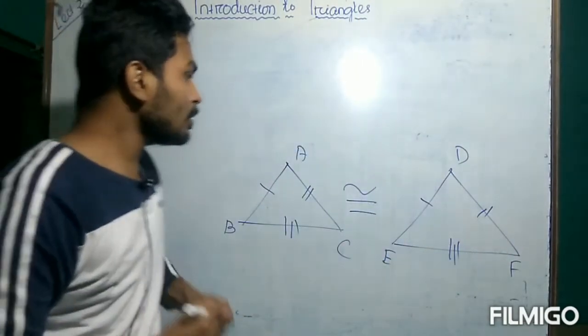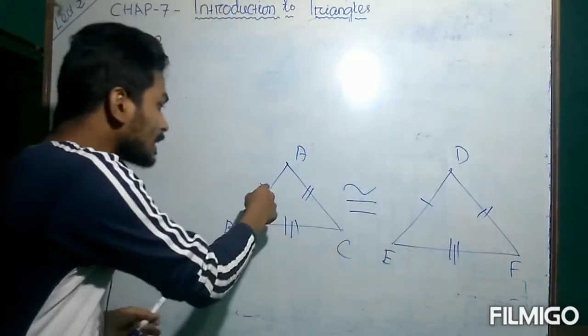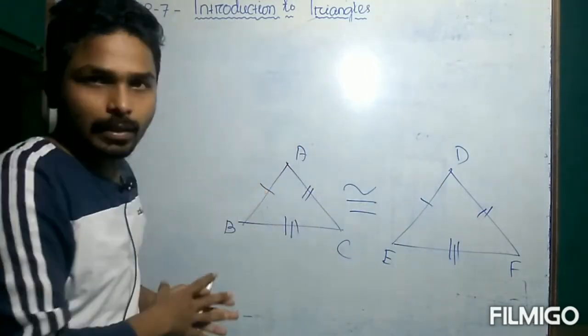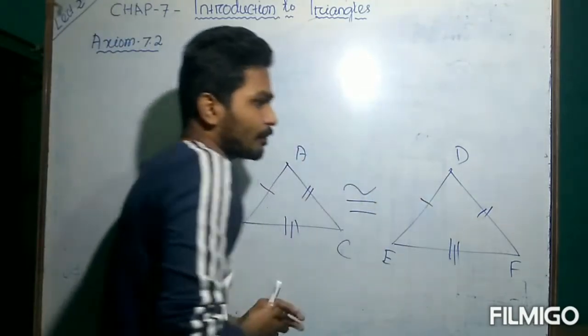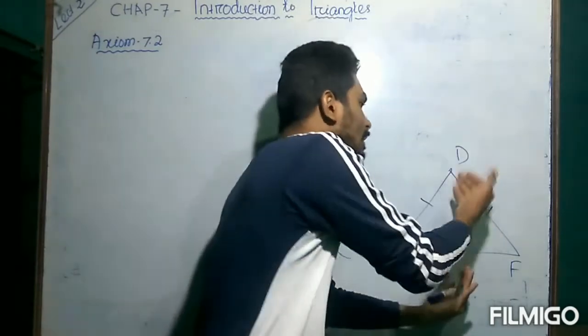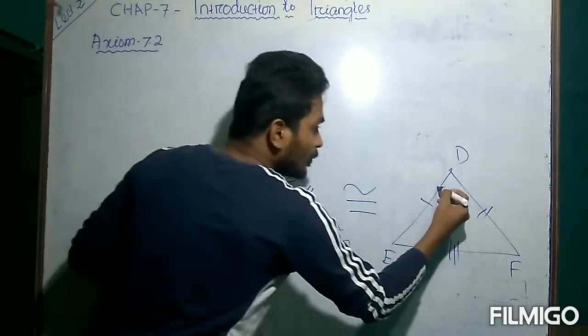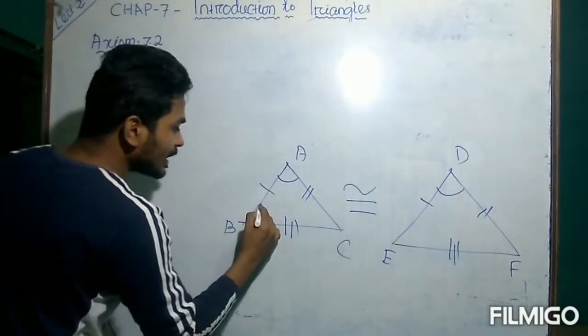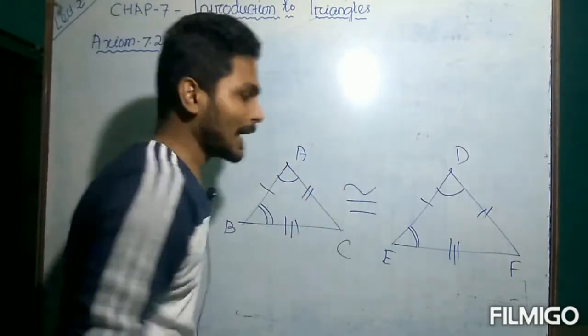So again I am telling you, if two triangles are congruent, then all the sides of one triangle are equal to the corresponding sides of another triangle, as well as the angle of one triangle is equal to the angle of the corresponding other triangle.